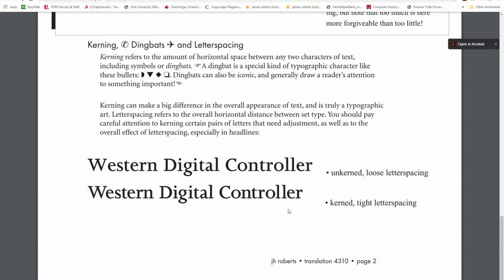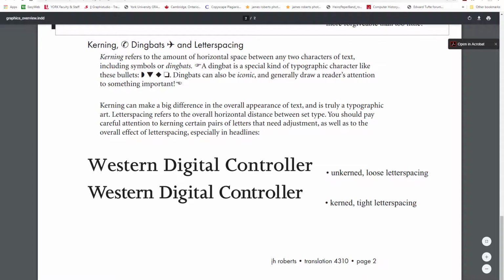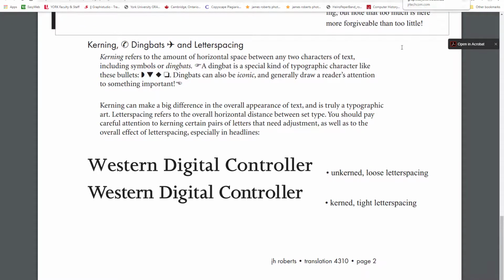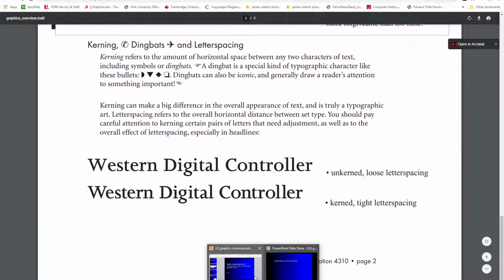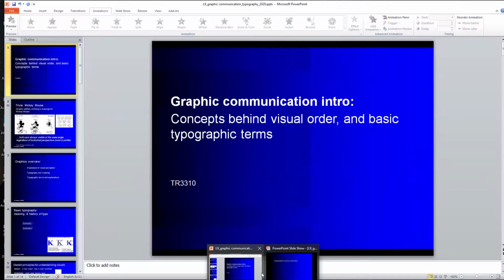And if you have to set type like that for a report or something, I urge you to get a good program and not Microsoft Word, and get good type as well, not just the stuff that comes with the computer. What's good type? Adobe type is good type. So go to adobe.com and you can get all the type that you need.